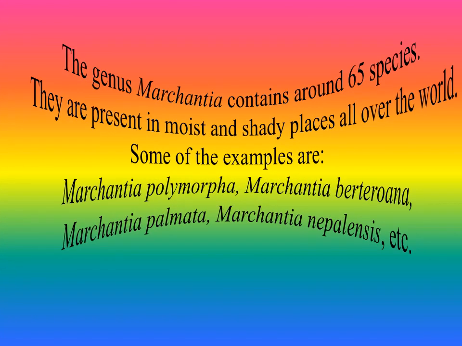The genus Marchantia contains around 65 species. They are present in moist and shady places all over the world. Some of the examples are Marchantia polymorpha, Marchantia palmata, Marchantia nepalensis, etc.